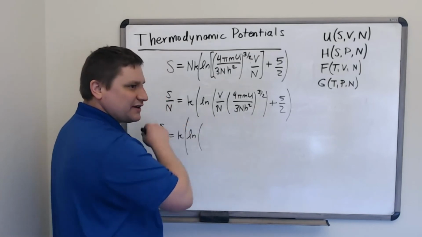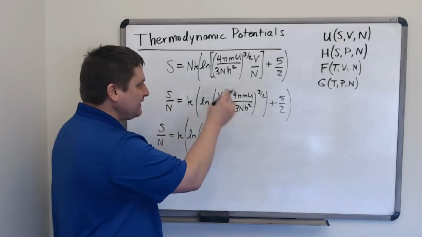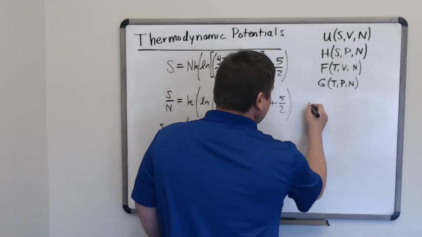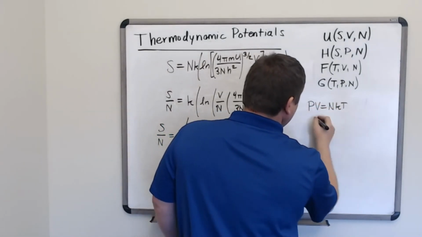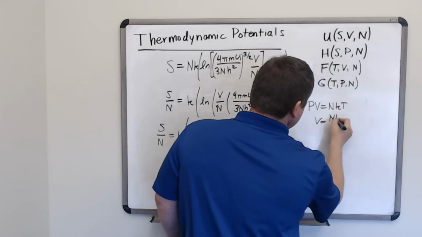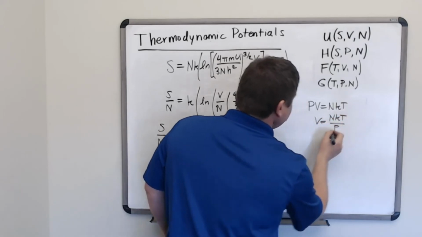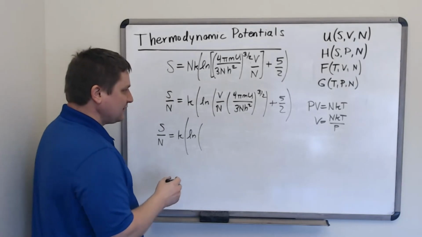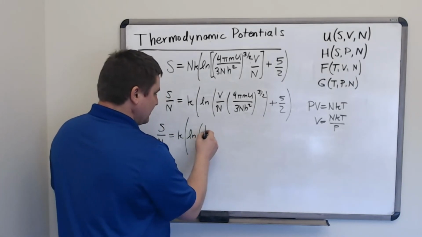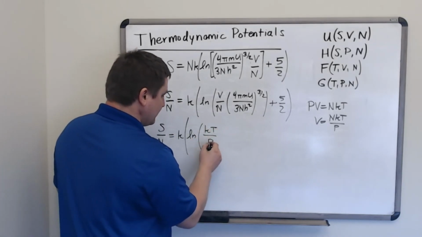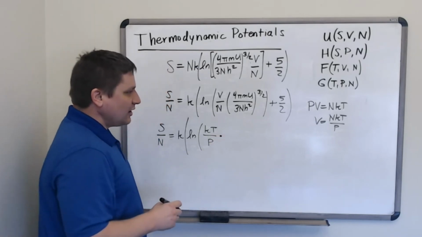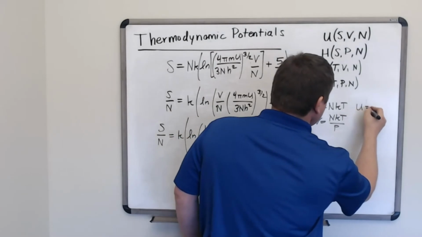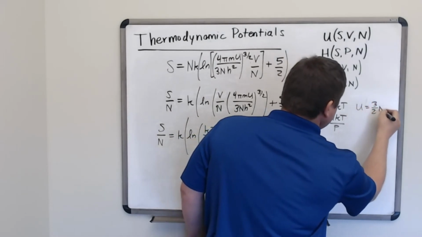We've done the derivatives of this. We know that in this ideal gas system, the volume can be expressed as NkT over P. So we'll do that. V over N is equal to kT over P. We also know that the internal energy is 3/2 NkT.